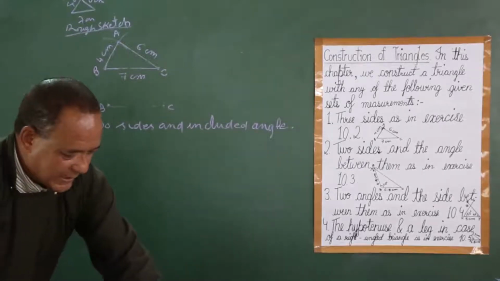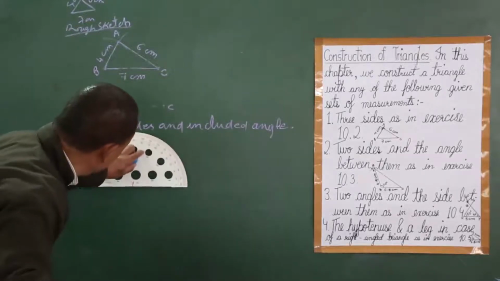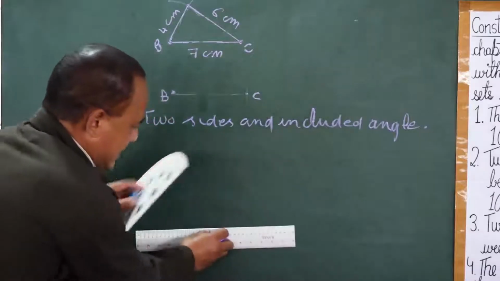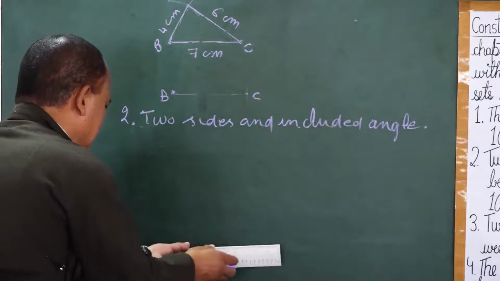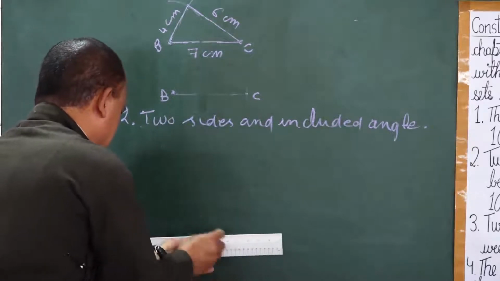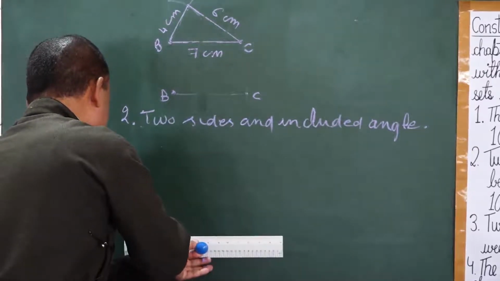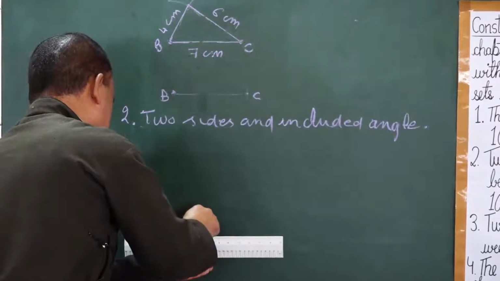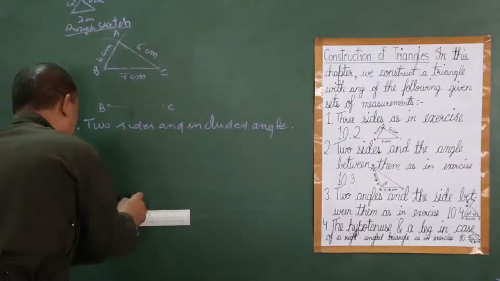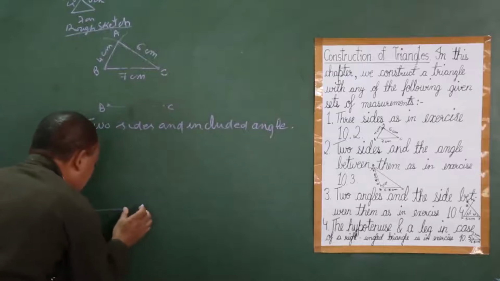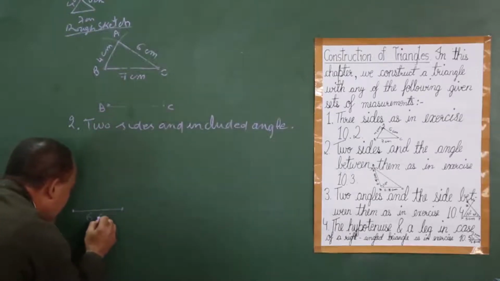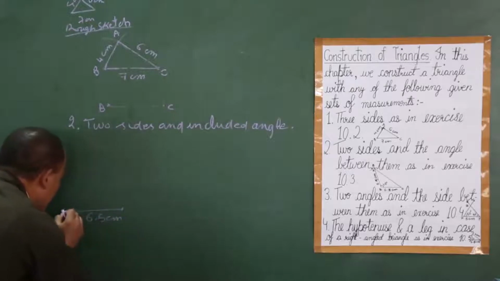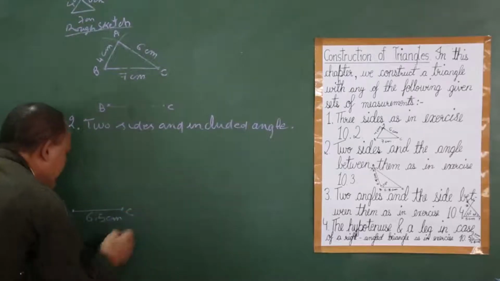So I will leave some space for the protractor, and then I use it here. So this is 6.5 centimeters, B to C.